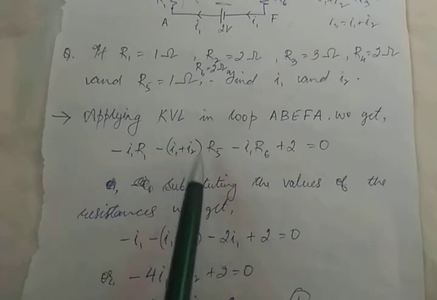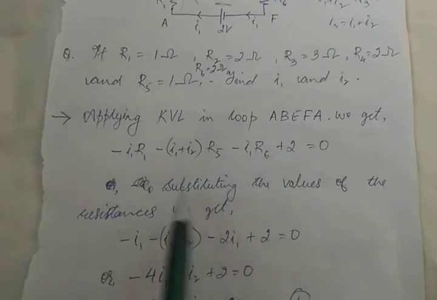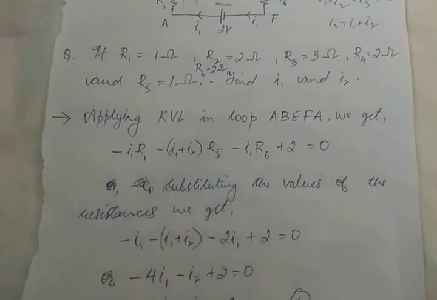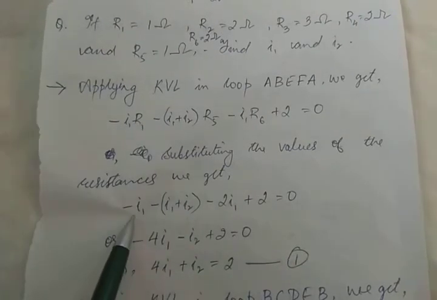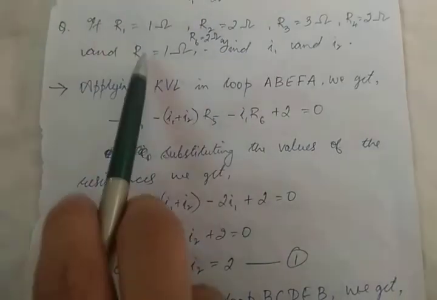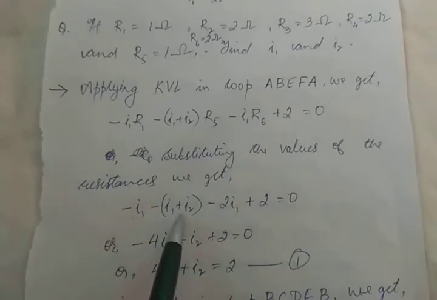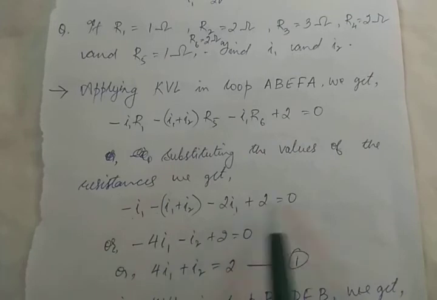Then, in this numerical, since the values of R1, R5, R6 are given, I've written, substituting the values of the resistances, we get: since R1 is 1, therefore minus I1. R5 is also 1, as you can see here, so therefore minus (I1 plus I2). Then R6 is 2 ohms, so therefore minus 2 I1 plus 2 is equal to 0.